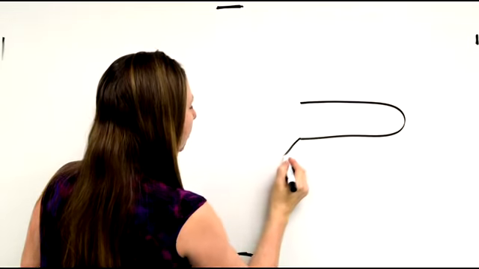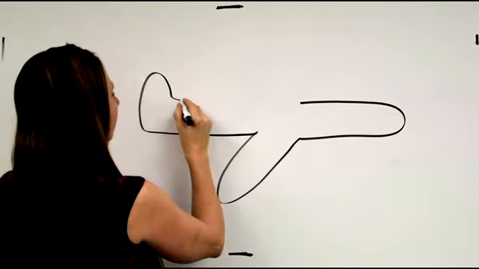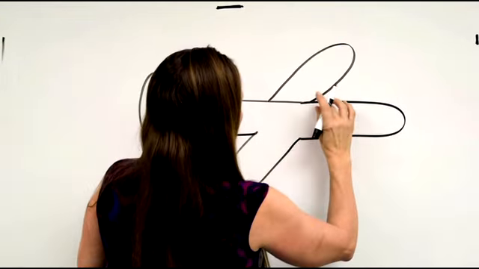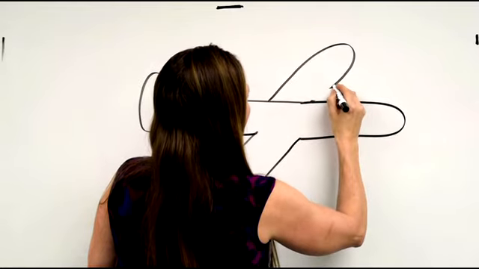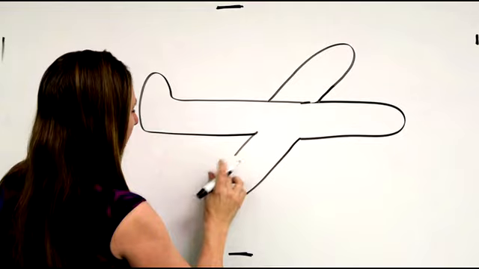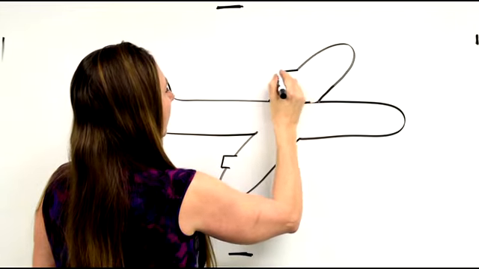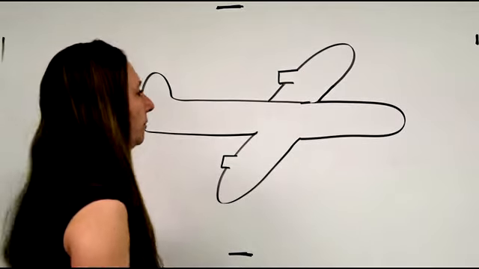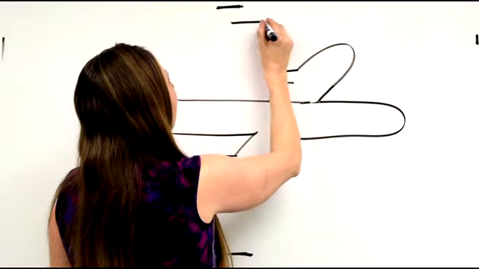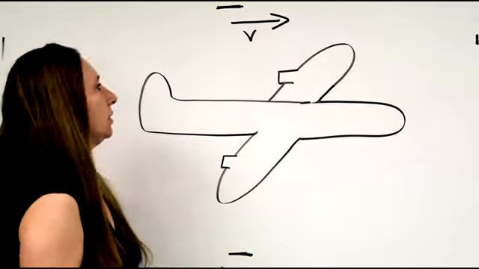Here's one of the plane's wings, the plane's tail, and the plane's other wing. We'll give the plane jet engines. Here's one jet engine here on this wing and another jet engine here on this wing. Now again, our plane is flying to the right at a constant velocity.